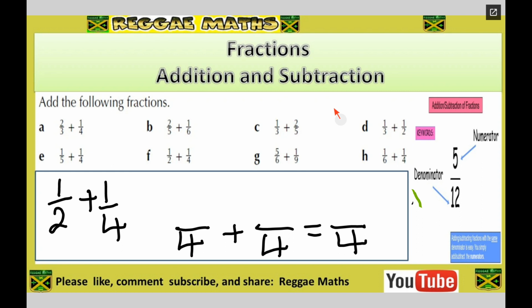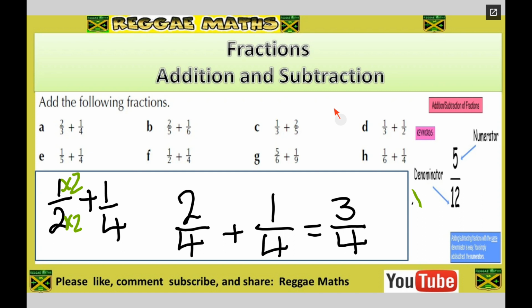For a half, what did I multiply 2 by to get 4? 2. Same thing I do to the top. So now this is 2 over 4, and now we've got 1 over 4. Now I can add the top numbers. The top number is the numerator. So 2 plus 1 is 3.